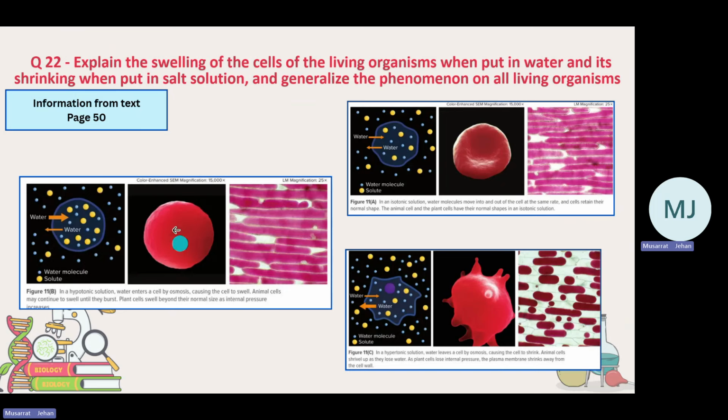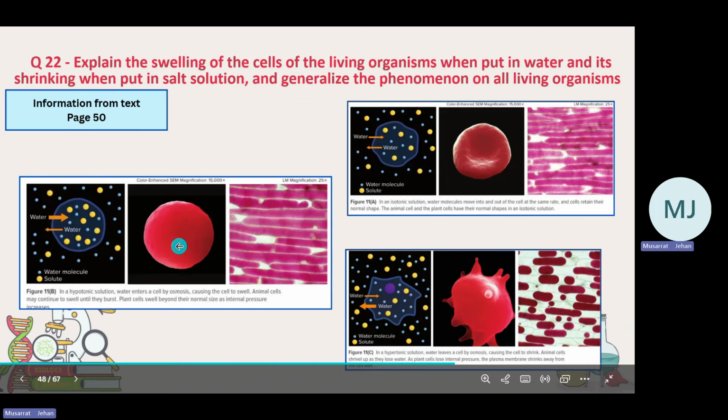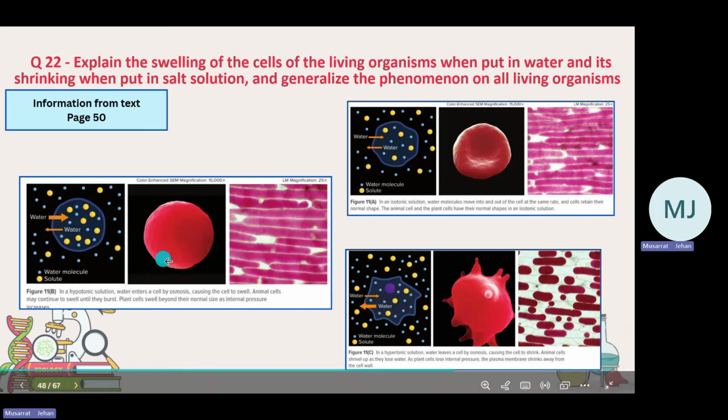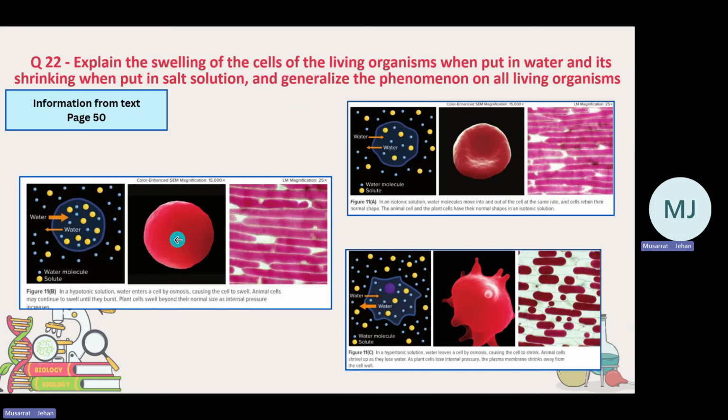Animal cells may continue to swell until they burst, but plant cells, because of their cell wall, will not burst, but the pressure will increase. That's why the grocery stores spray water. So in hypotonic, the concentration outside is less than the concentration inside.